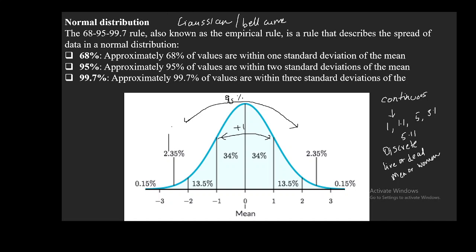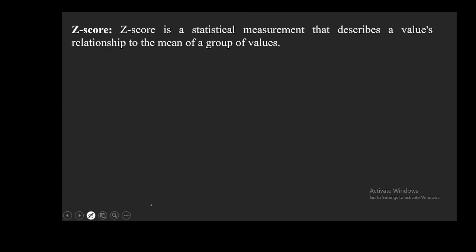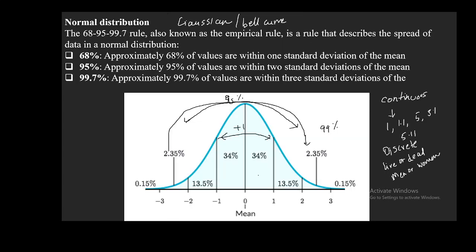So from here to here, it will be like 99%. So this is one standard deviation, this is your 2 standard deviations, and this is your 3 standard deviations.